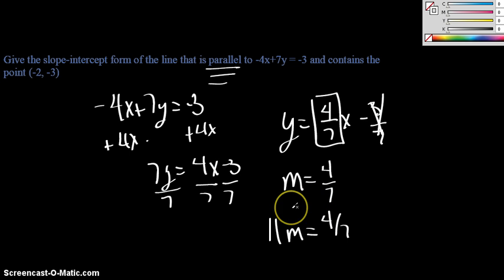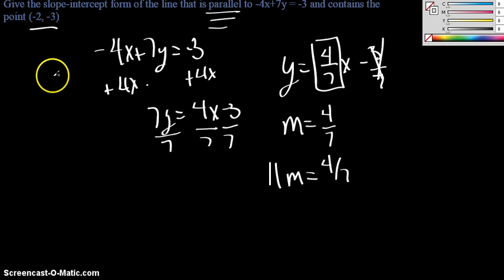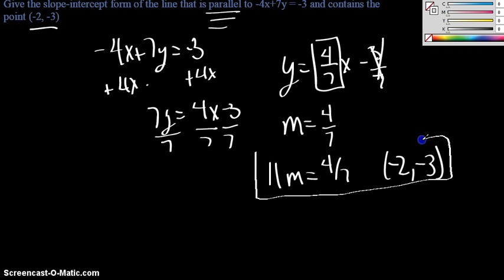So this is what I'm going to use for the rest of this problem. Here's my slope, and I'm going to go back up here and grab my point. So now I have the point on here, -2, -3. So I'm going to use this information here to finish the rest of my problems. I have a point and a slope, and it asks for it in slope-intercept form, so I have to find my b.